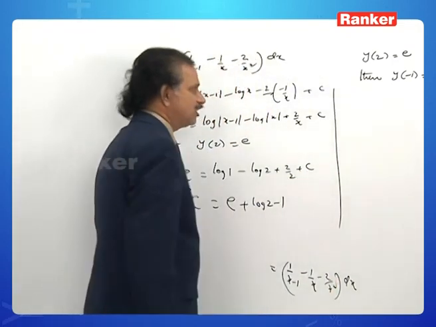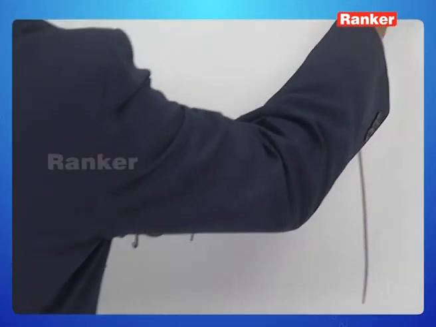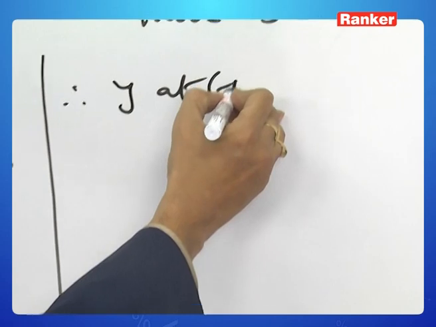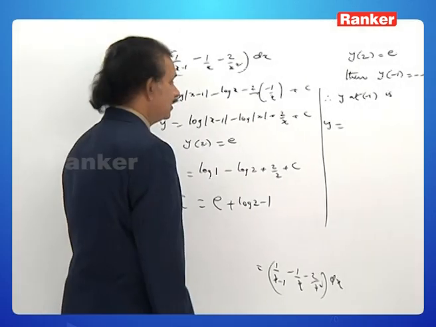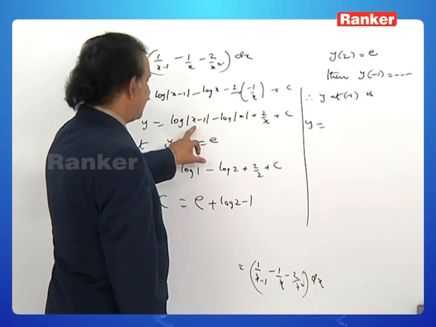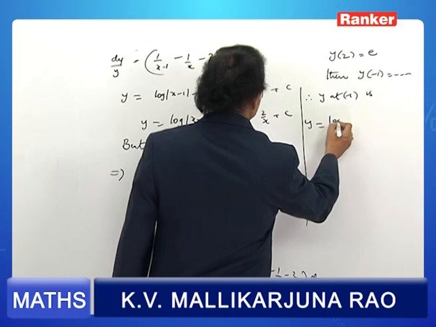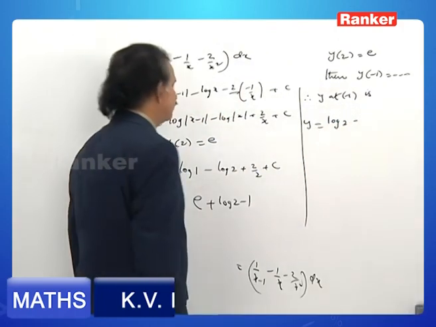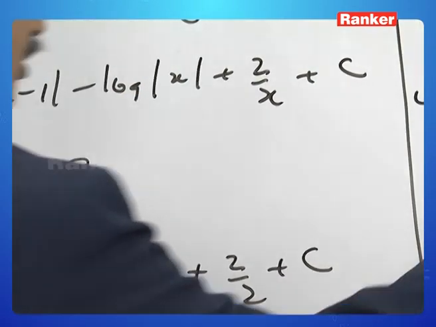What do you want actually? We want to have y at minus 1. Therefore, y at minus 1 is y is equal to log mod minus 1 minus 2, log mod minus 2 is log 2, minus log mod minus 1 which is 1. Log 1 is 0, omit it.